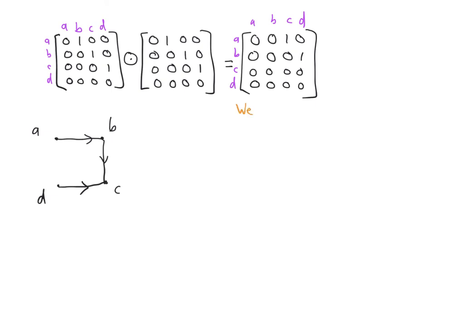We have a 1 if there is a length 2 path from one vertex to another.